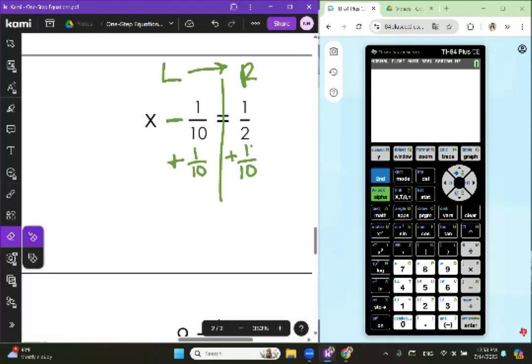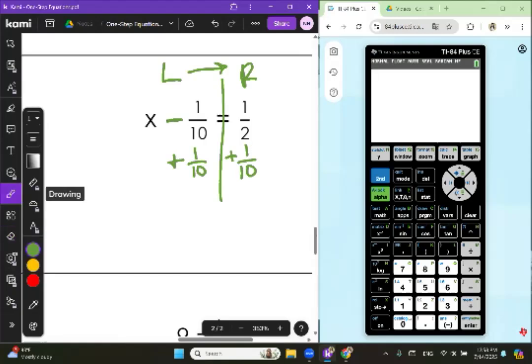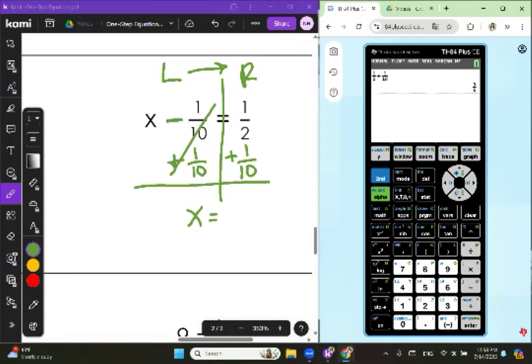Minus changes to plus. So 1/2 plus 1/10. Let's type it in, just because we don't want to have to go through common denominator, all that good stuff. Gives us 3/5.